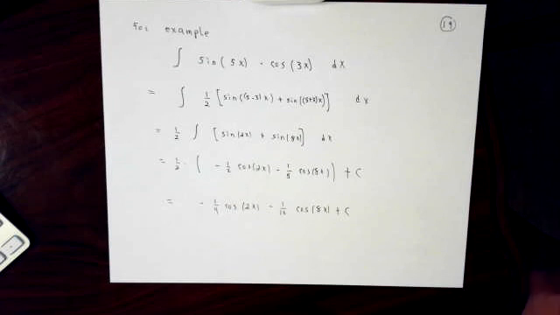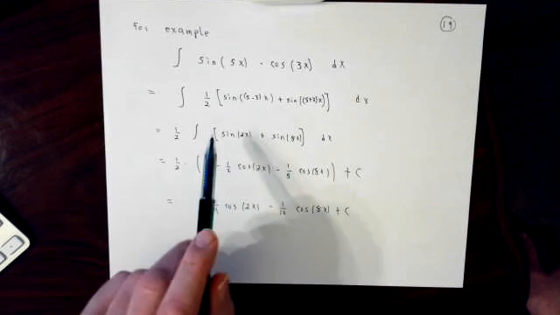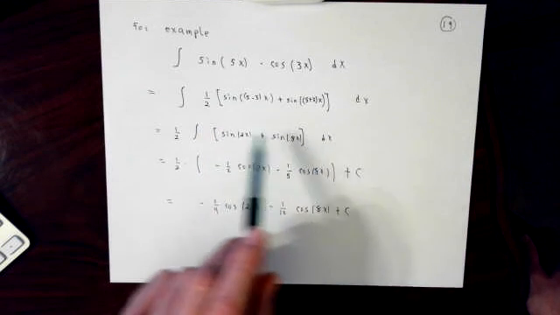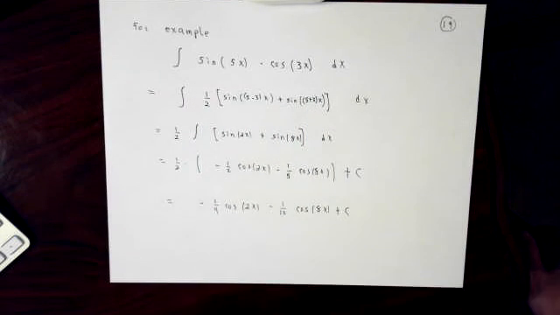For example, if I want to calculate the integral of sine of 5x multiplied by cosine of 3x dx, I'm going to use the formula in the middle that we were just looking at. I'm just rewriting the integrand using one of these trig identities. 5 minus 3 is 2, 5 plus 3 is 8.